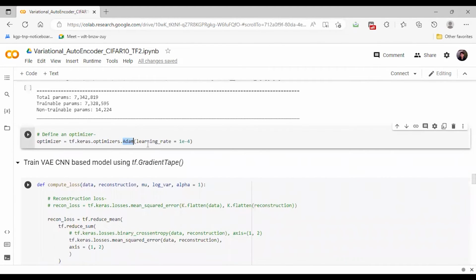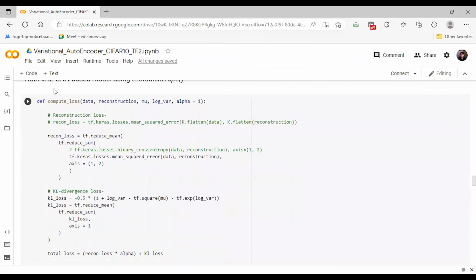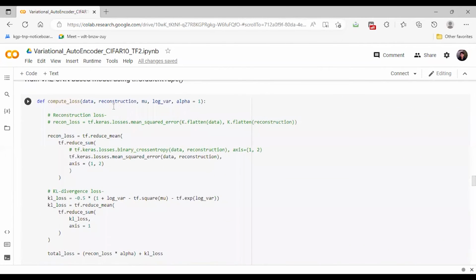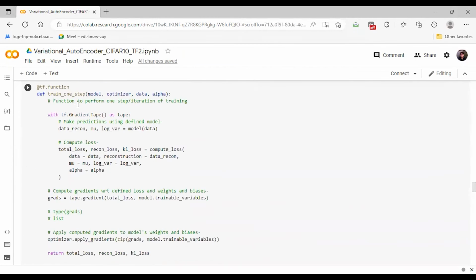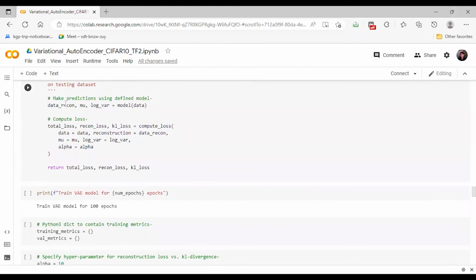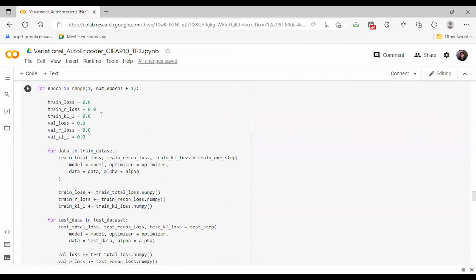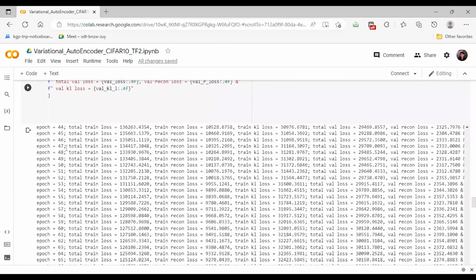This is the Adam optimizer, with its learning rate. To keep track of the losses, that is the total training loss, the KL divergence loss, and the reconstruction loss, we have created these functions. It checks all three losses epoch by epoch, which gives us an output like this.